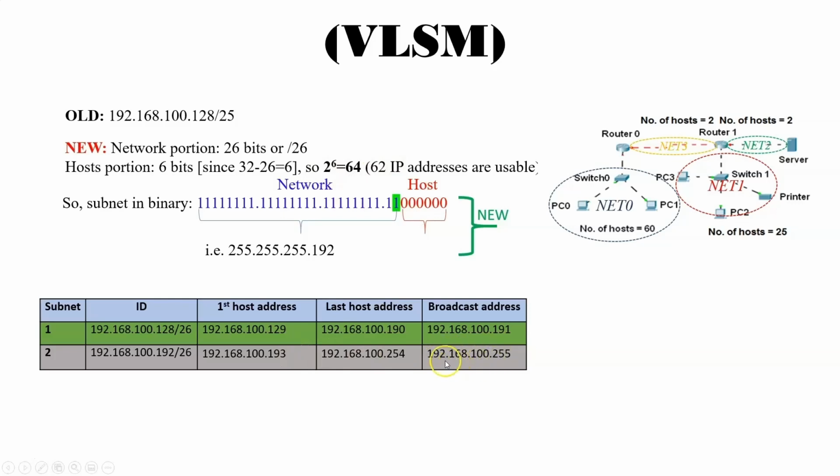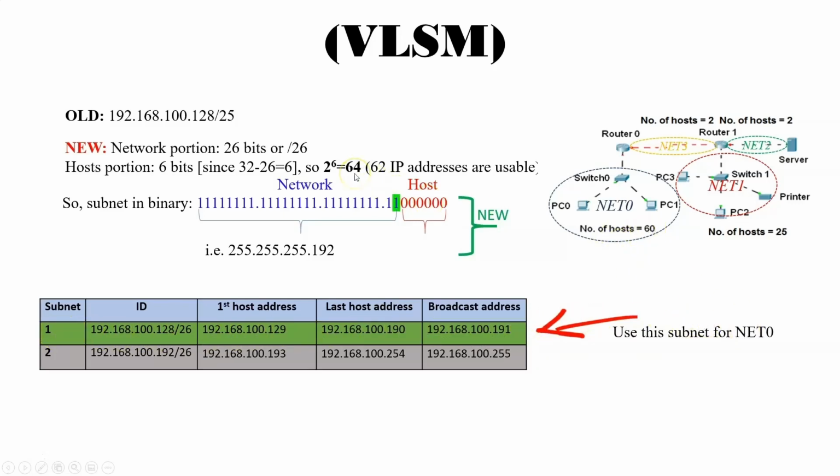The last one will be 192.168.100.255, which is for the broadcast. So the usable last host IP address is one less than the broadcast, so 192.168.100.254.